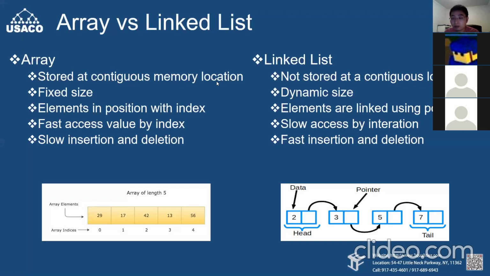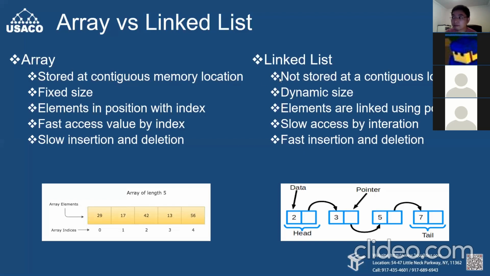That is one of the advantages of an array, because of the way it is stored in the memory, it is very fast to access. So the first feature of an array is that they are stored at contiguous memory location.